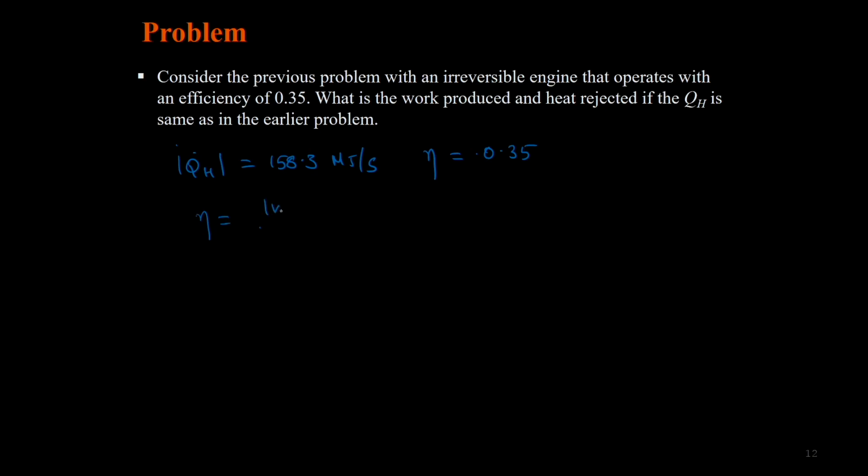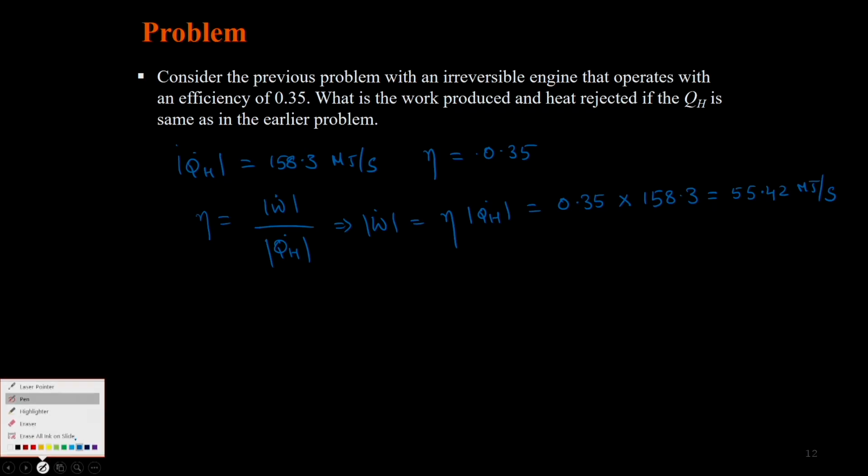Efficiency, as we have defined, is W dot over QH dot. So we're interested in calculating the work produced. That's W dot, which is going to be the efficiency multiplied with the QH value, which is 0.35 times 158.3, or this turns out to be 55.42 megajoules per second.